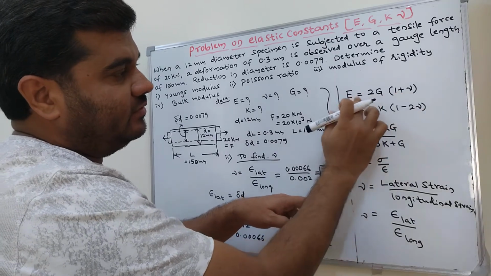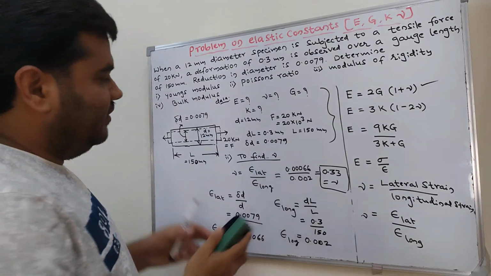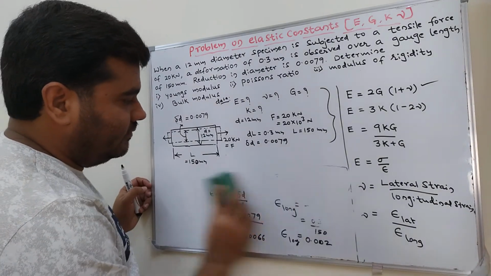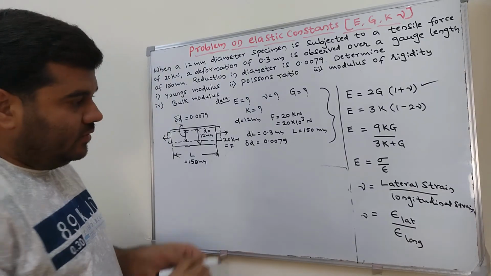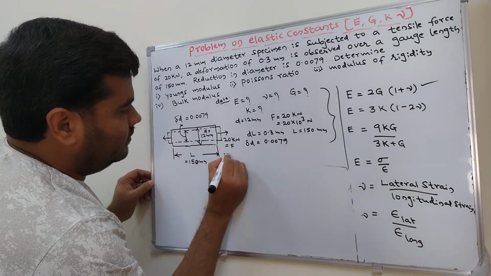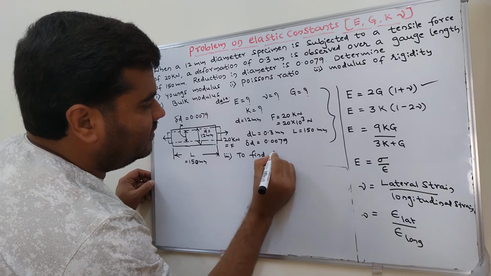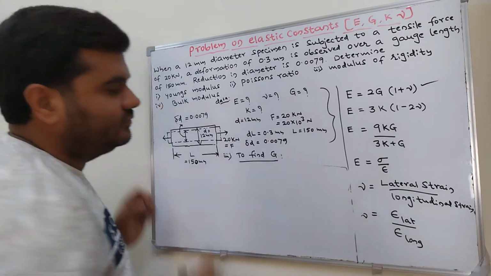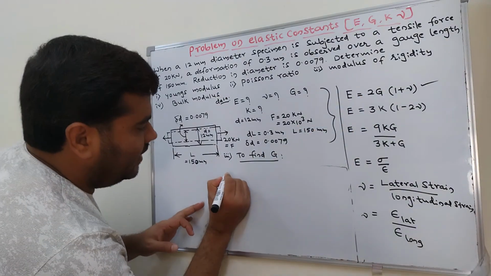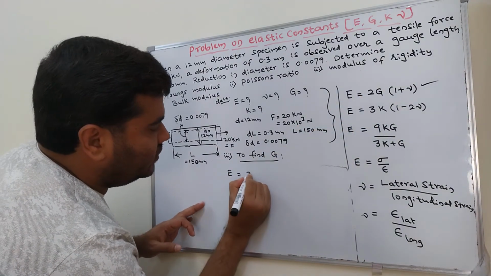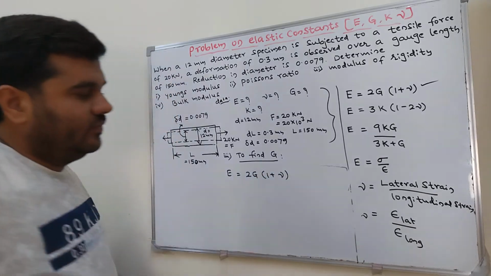So if you substitute, we can easily use this equation. Third, to find G, modulus of rigidity, use this equation: E equal to 2 times G into 1 plus nu.